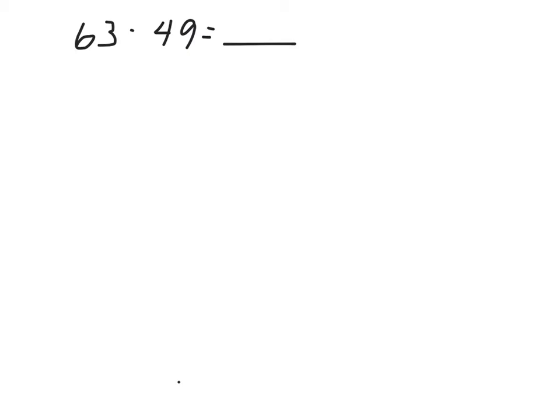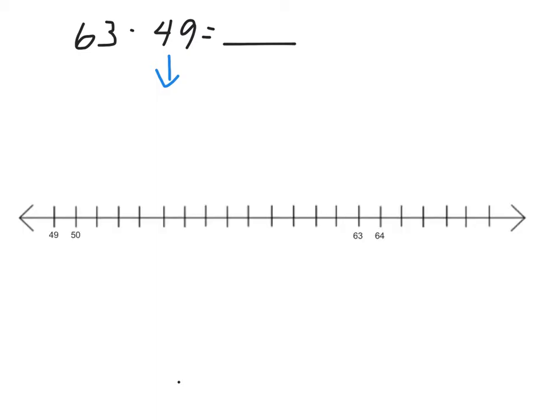So if I'm looking at 49, I need to find a friendlier number. 49 is a little bit difficult for me. Well, I know that 49 plus 1 equals 50. And 50 is a friendly number. So here's 49, and going to 50 is just one jump or one leap, so that's plus 1.